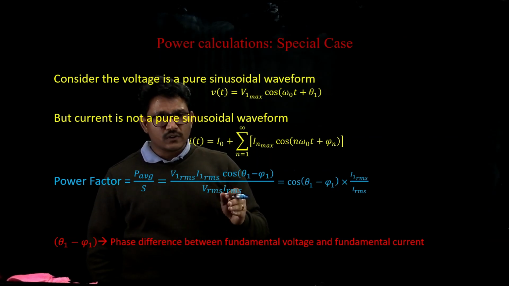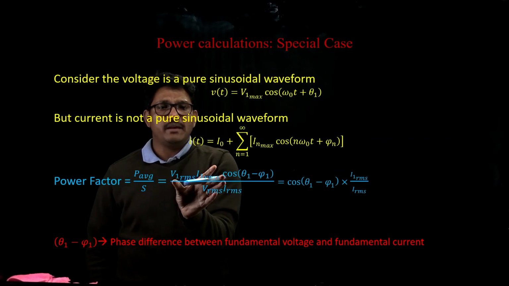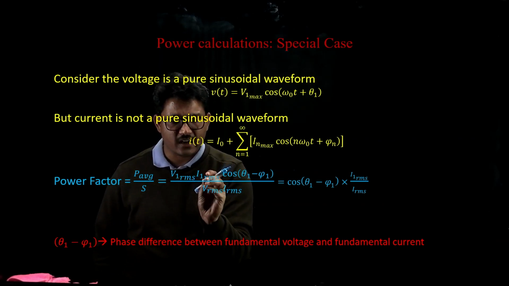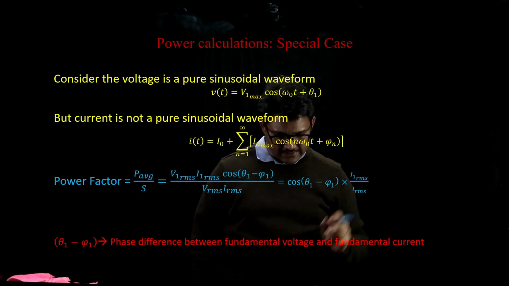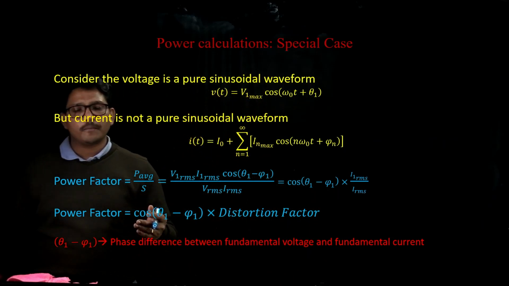In a way, you also know that my power is not just this P average, I am having something different, because a current is present which corresponds to different frequencies. So that is telling you that there is a distortion of your power factor.